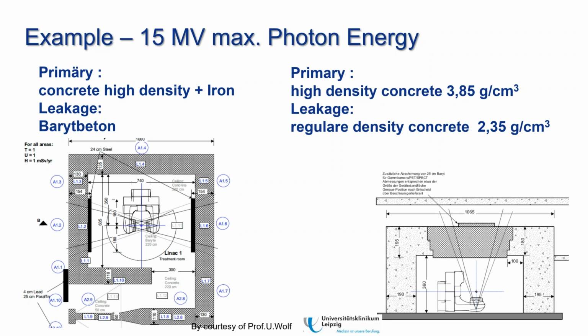this construction is done by a combination of lower density concrete, and you see in the area of the primary beam there is a high density concrete, and this is to shield with the highest density the area of the primary beam, and use the lower density of the concrete for the scattered area.